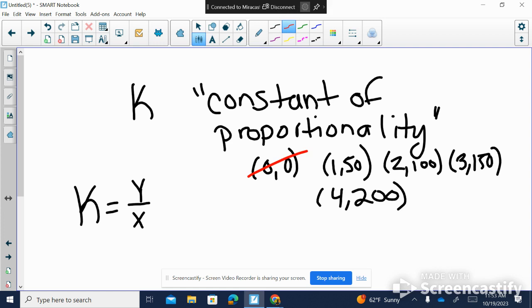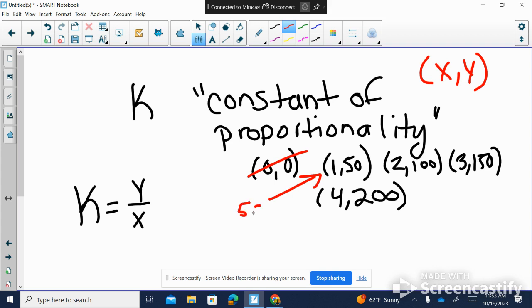Well, I never use 0, 0 because we can't divide by 0. We just know that it goes through the origin because anything multiplied by 0 is 0. But I can use any of the other points. Now remember, a point is x comma y. So if I want to find the constant of proportionality, I have to use the second coordinate, the y coordinate, first.